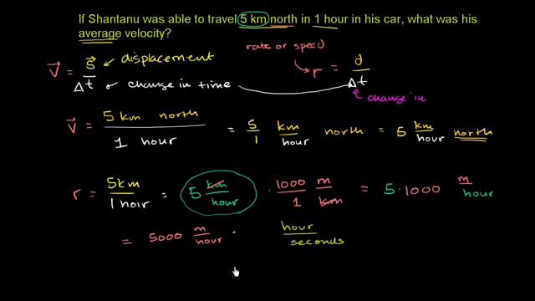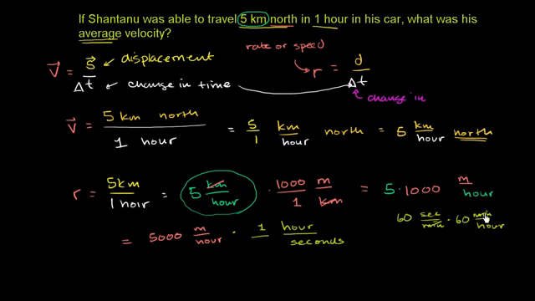So how many hours are there per second? Or another way to think about it, think about the larger unit. 1 hour is how many seconds? Well, you have 60 seconds per minute times 60 minutes per hour.